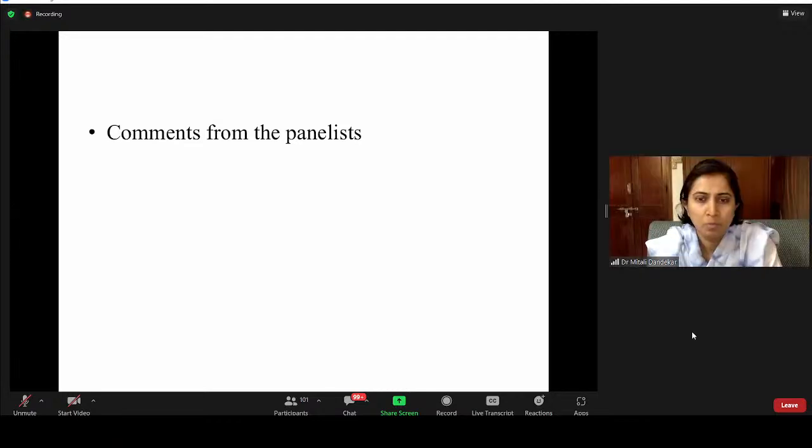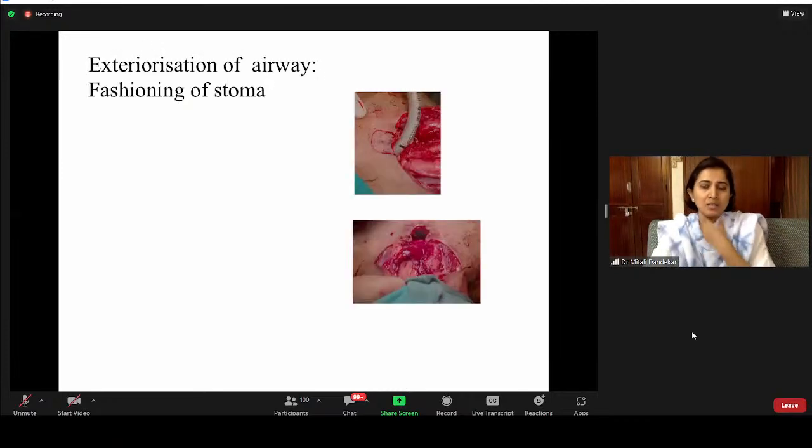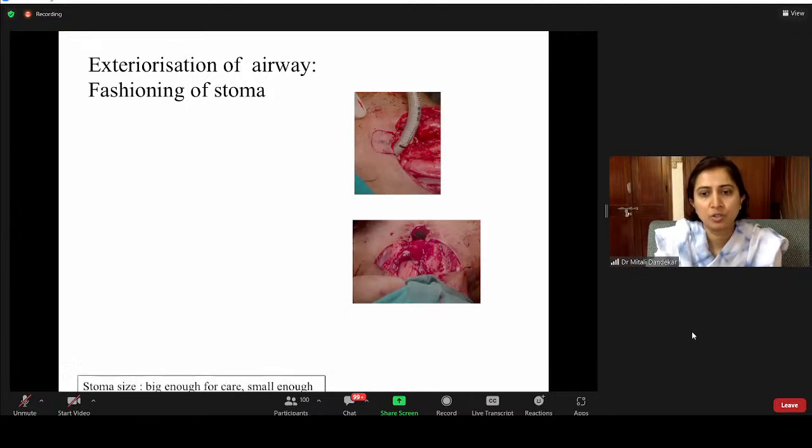So, very important points with respect to maintaining oncological safety, removing with a good clearance, and also maintaining viable tissue in the operative bed. Moving on, once the specimen is delivered, we move on to exteriorization of the airway by fashioning the stoma.